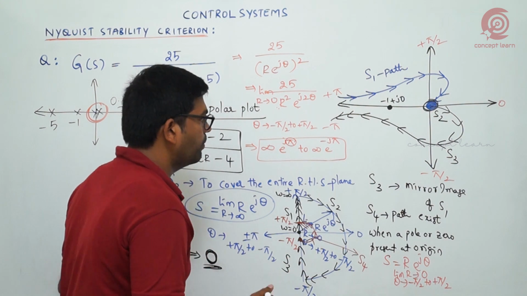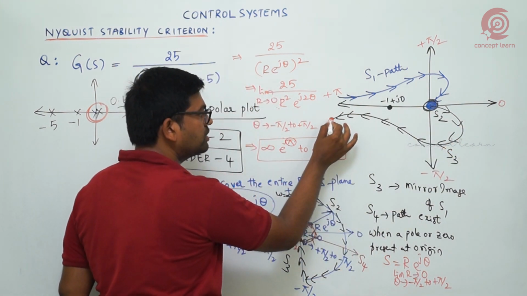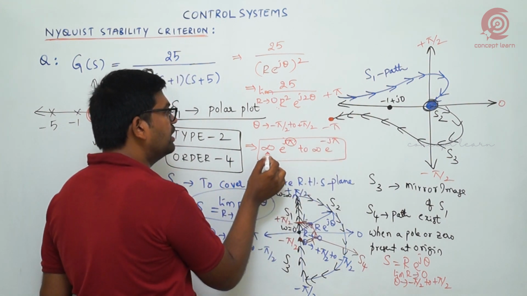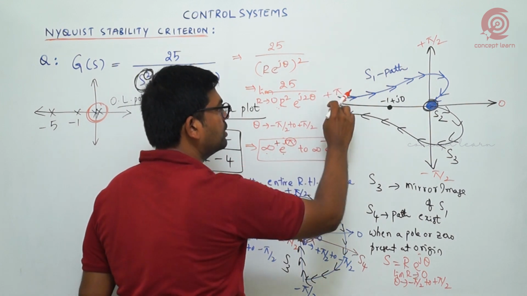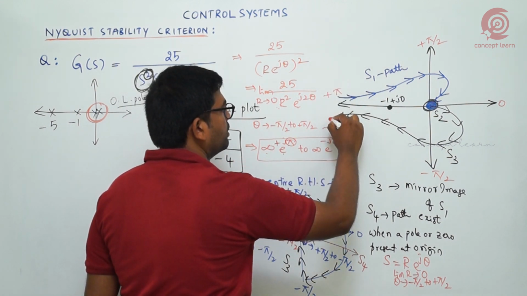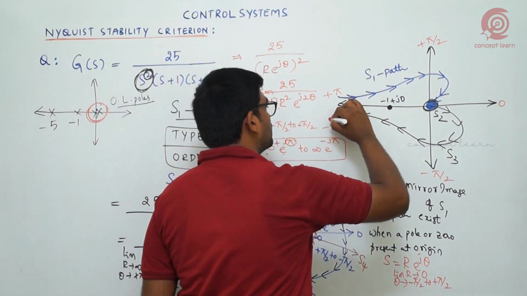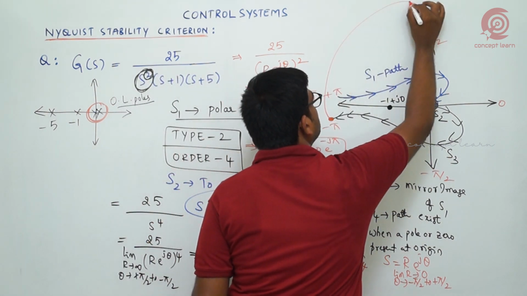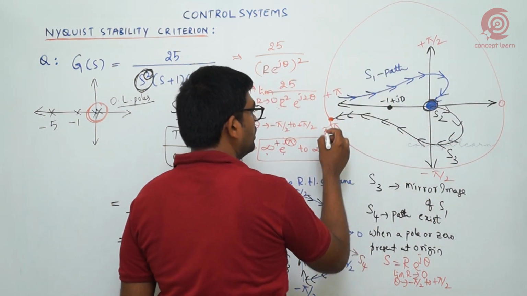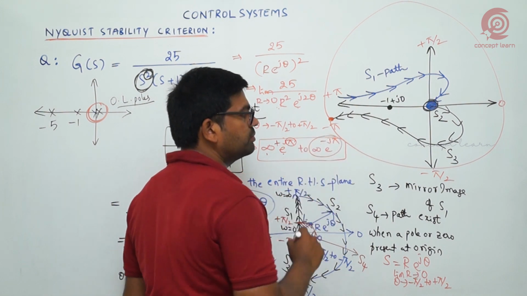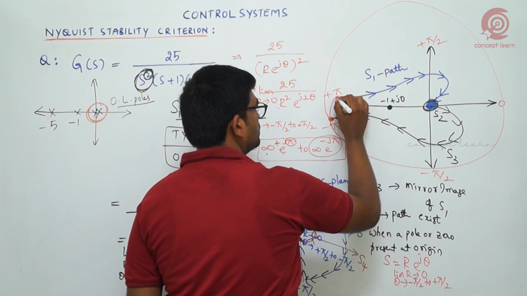This is the notation. After reaching the S3 path, the starting point of S4 is infinity e^(+jφ), so we are moving towards the positive 180 side. But an infinite radius is present, so I need to draw like this. Again infinity, but the ending point is towards minus, so we reach like this.